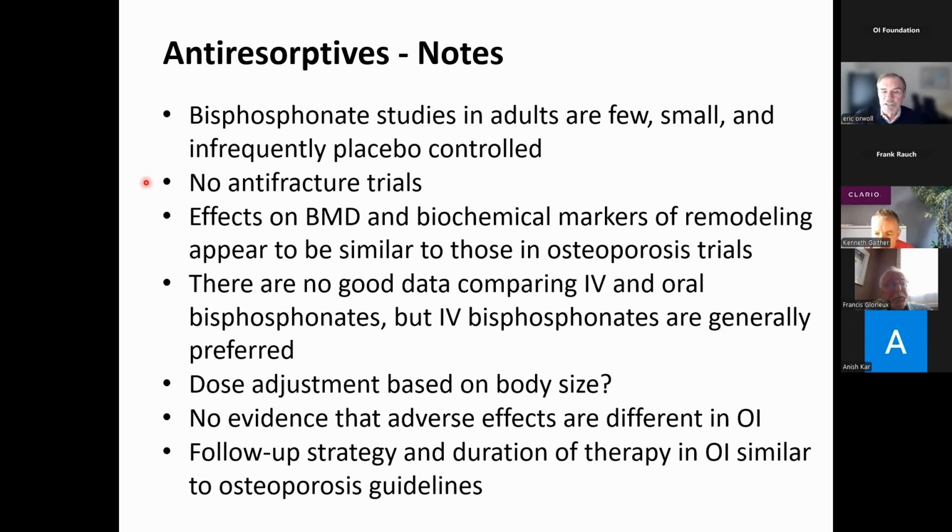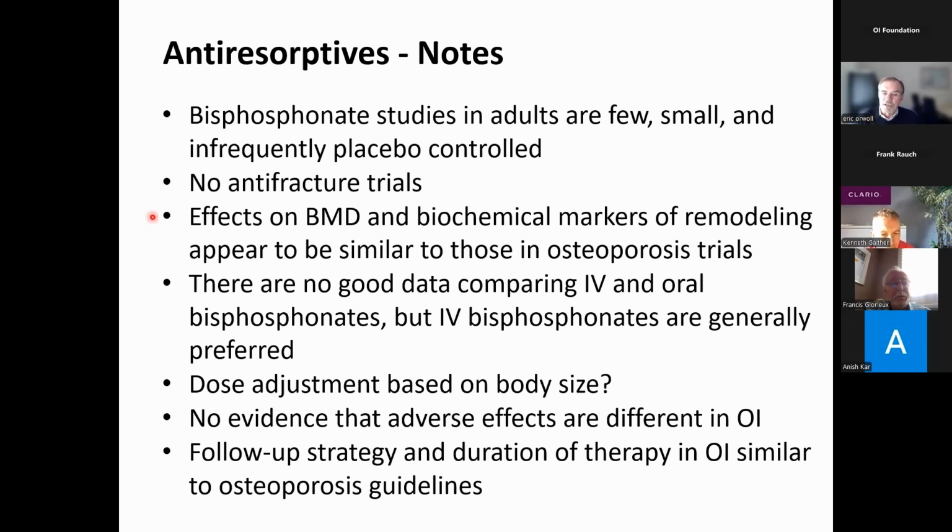Very importantly, there are no anti-fracture trials. So although we suspect that bisphosphonates increase bone density in people with OI, we don't have any confidence about the degree to which they reduce fractures. And of course, that's what we really need to know.